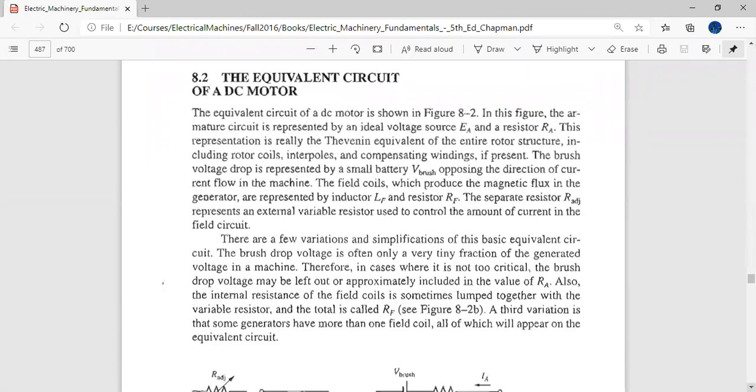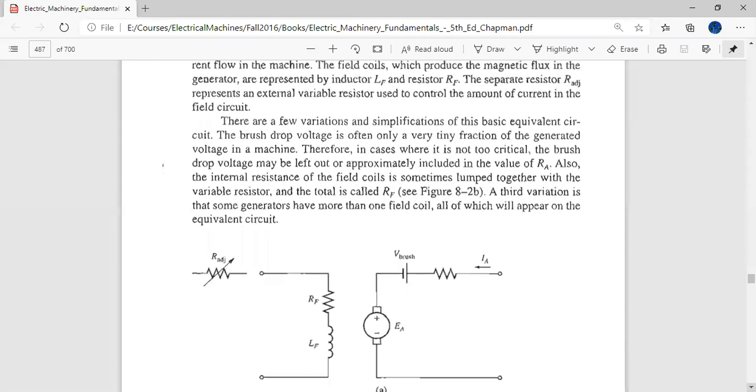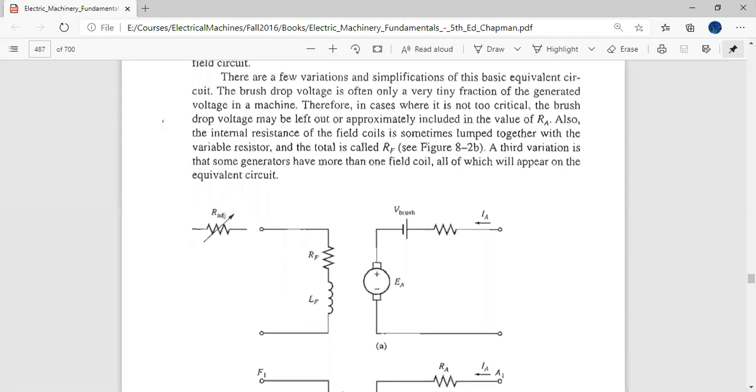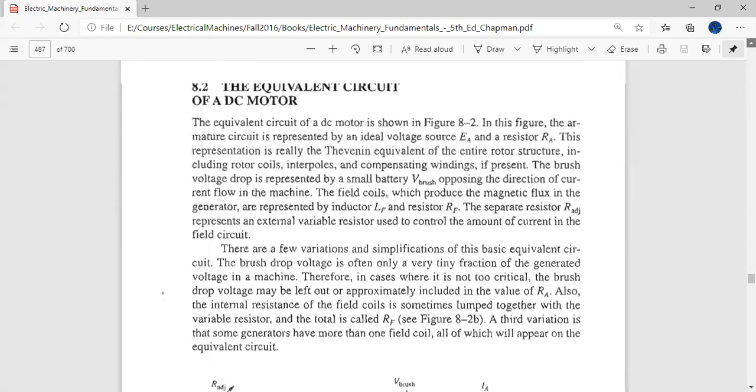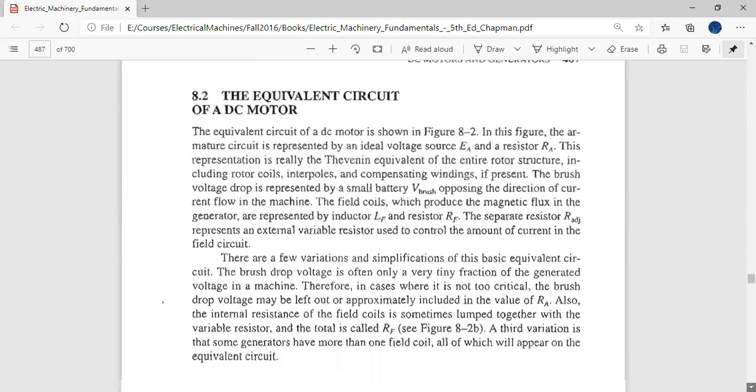Okay, the remaining 3 CLOs we have completed, and we have also given enough assignments and quizzes on those topics. The complex engineering problem was also from CLO number 3. Okay, so we saw the equivalent circuit of a DC machine, as shown in the diagram here.